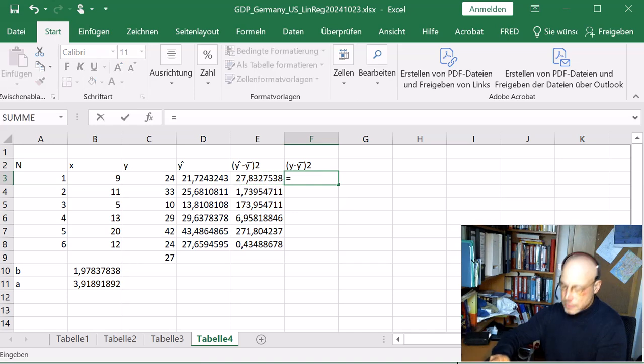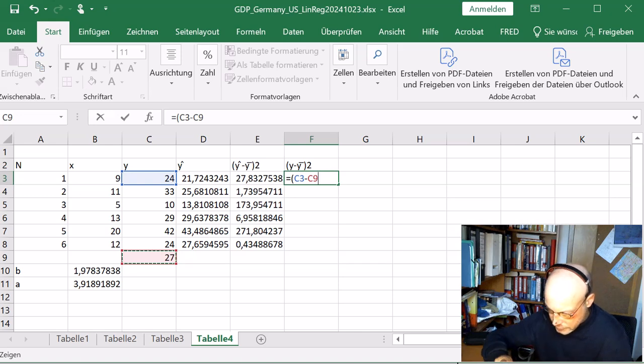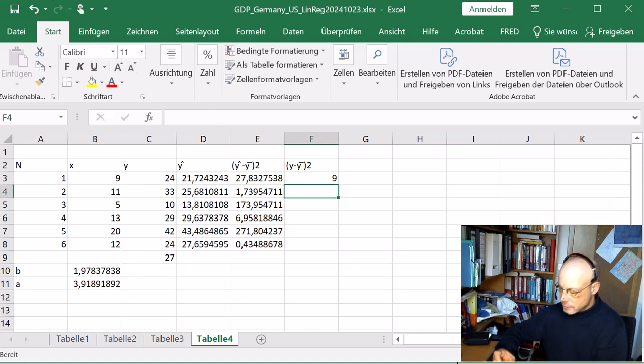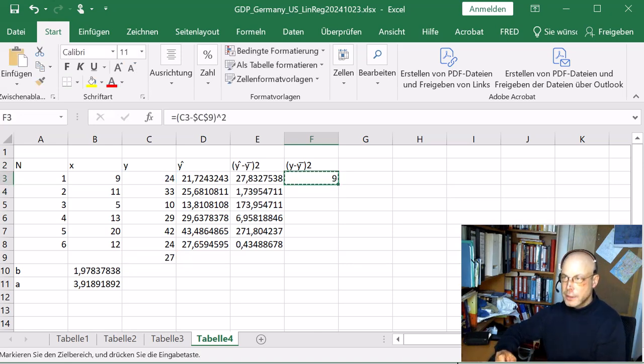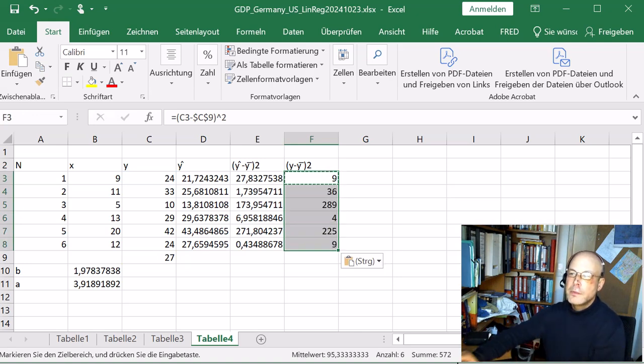But anyway, this is then the data point itself minus the mean. This again we have to fix, and this I can do with F4. Maybe you know this also. This actually I learned, I think, around 10 years ago from some student.